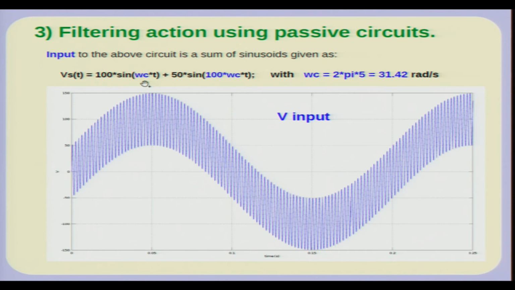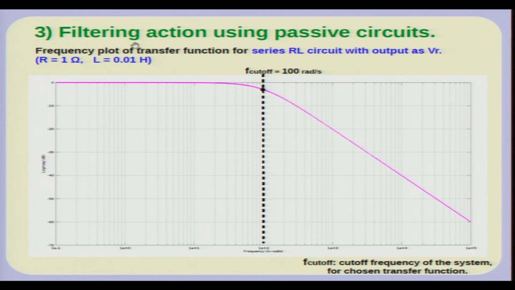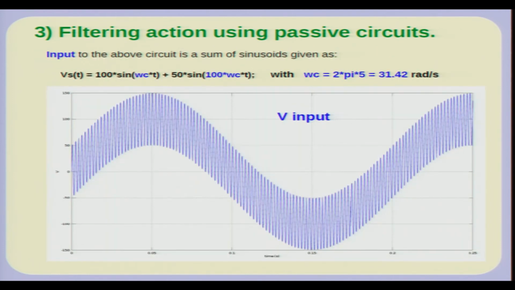The cutoff frequency, the 3 dB point of the curve, is 100 radians per second, which is around 16 hertz.